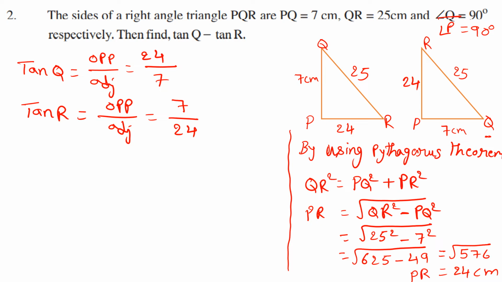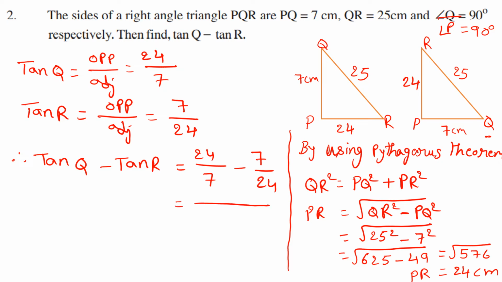By using these two triangles, we can write this very easily. We can understand, right? Therefore, tan Q minus tan R equals 24 by 7 minus 7 by 24. The LCM is 168, since 24 sevens are 168.